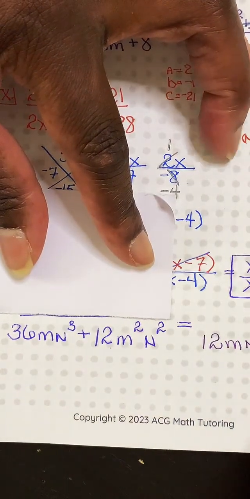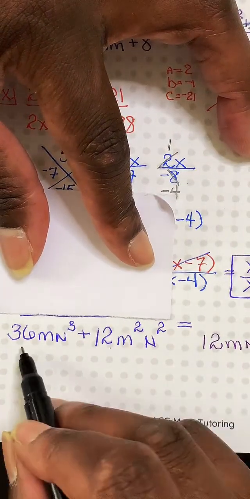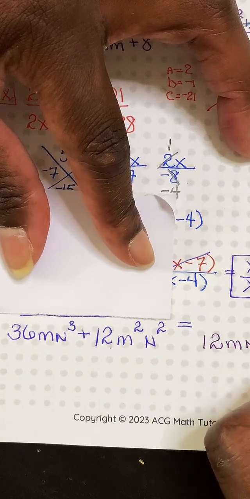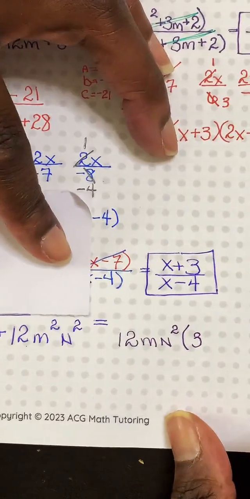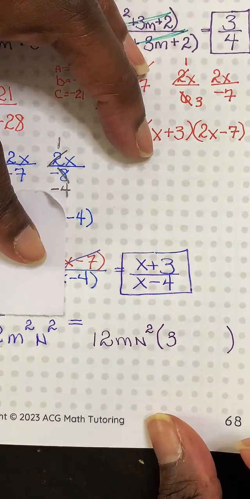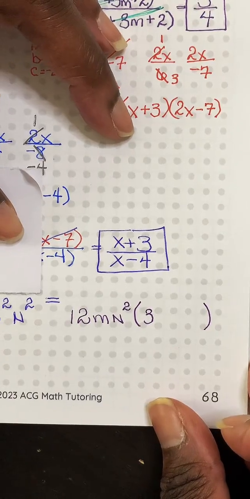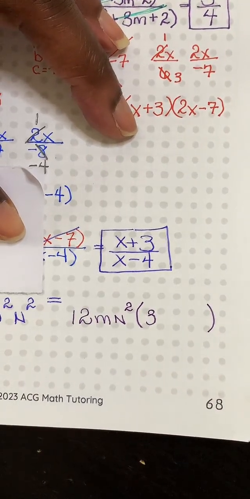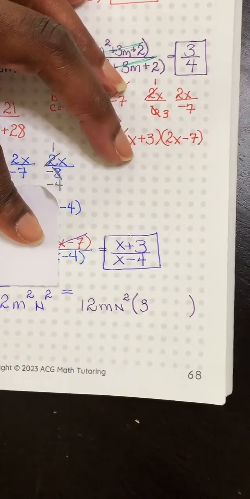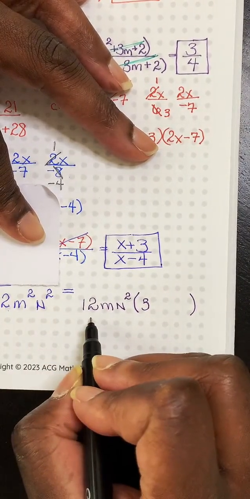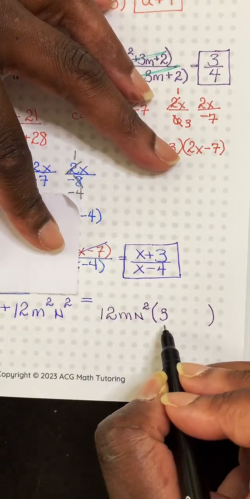So now, 36 divided by 12, that gives me 3. Okay. So 36 divided by 12, that gives us 3.